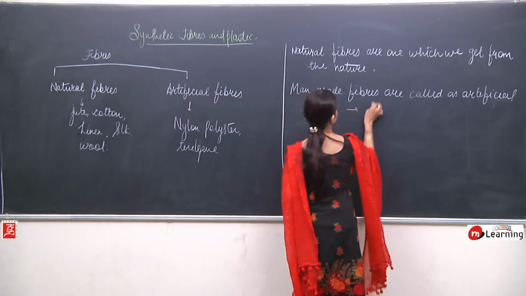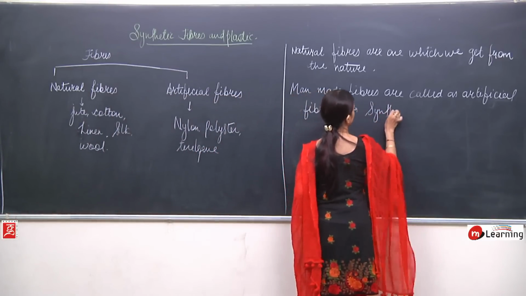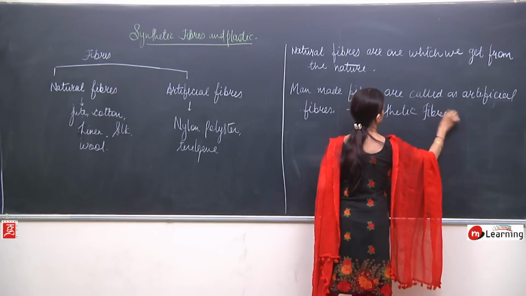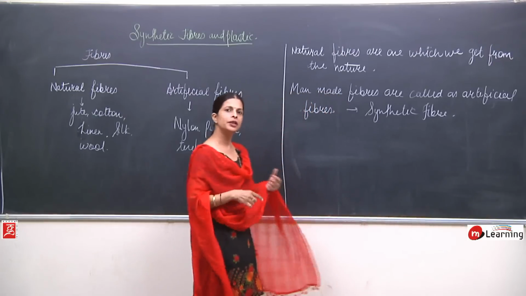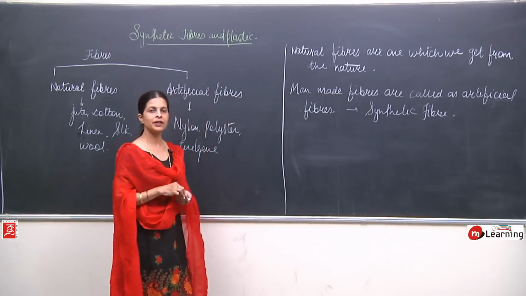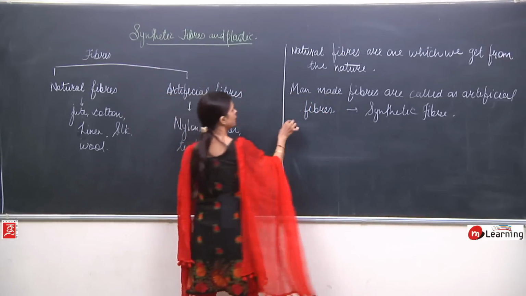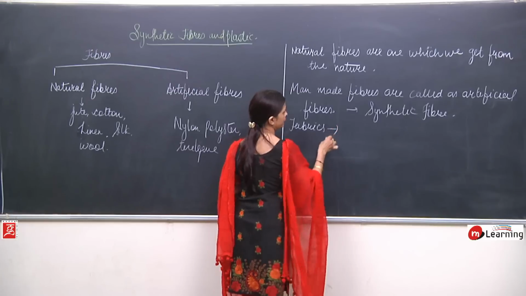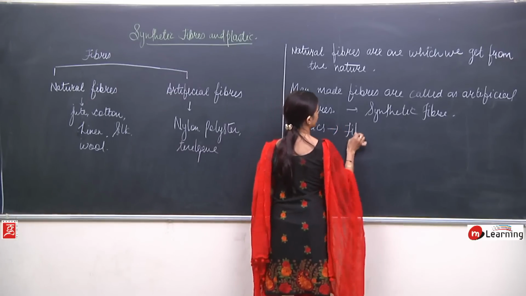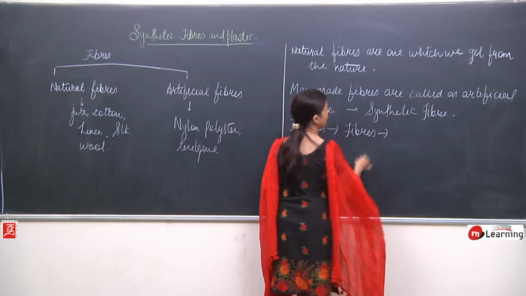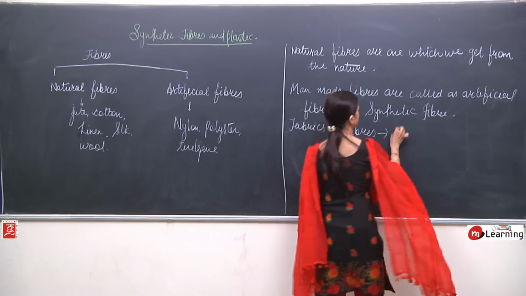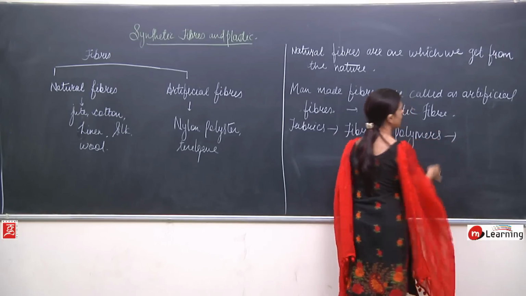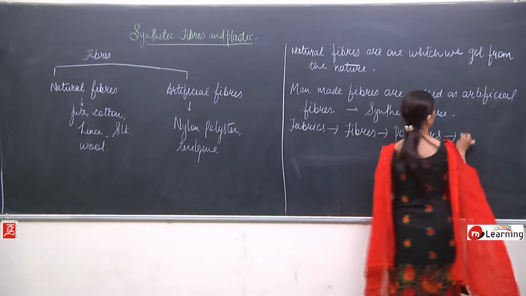Now, I will write synthetic fiber over this side. If I want to define fiber, how can I define it? We know that fabrics are made up of fibers. Fibers are made up of polymers, and polymers are made up of monomers.